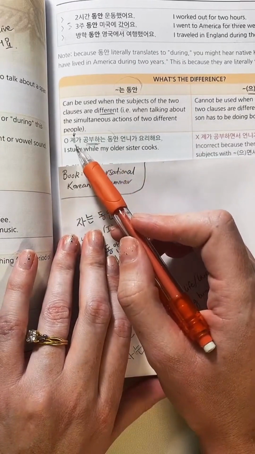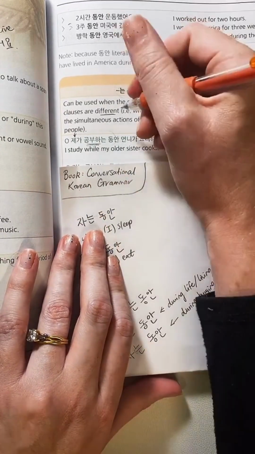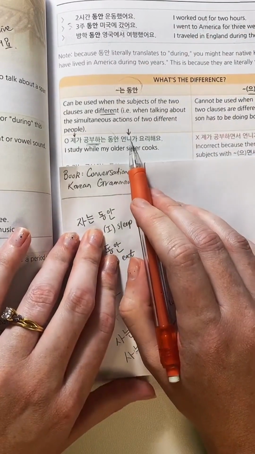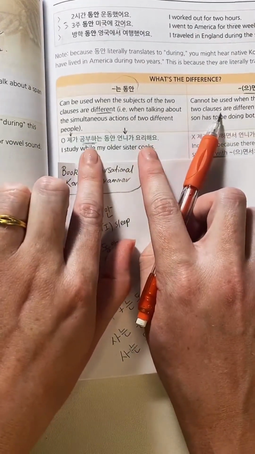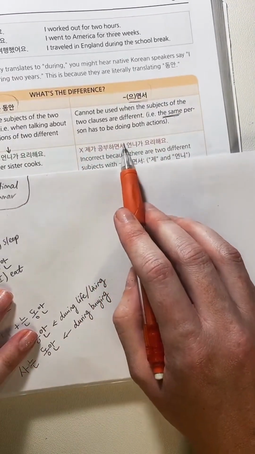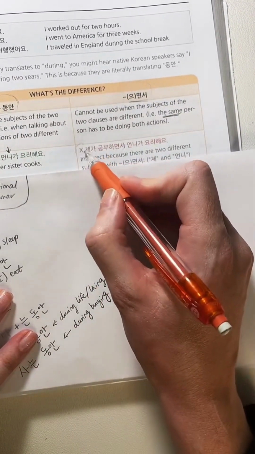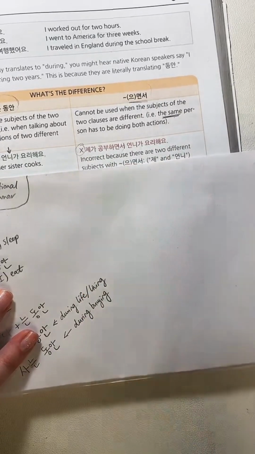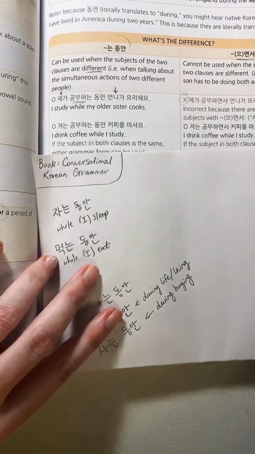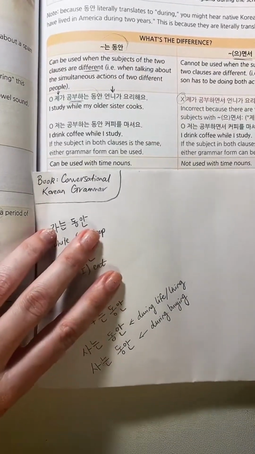So the subjects are different. We have the subject 제가 doing one action, and we have the subject 언니 doing the other action. So for a sentence like this, you have to use 동안. Using 하면서 does not make sense. You can't say that. Okay, so that's an example of that.